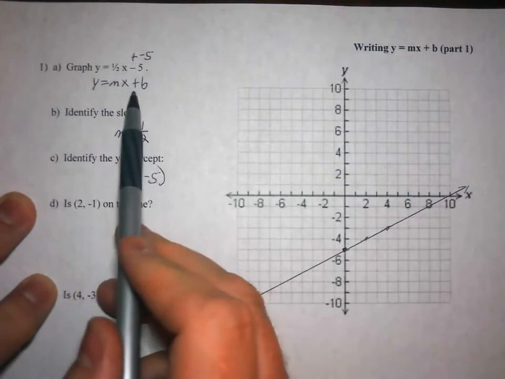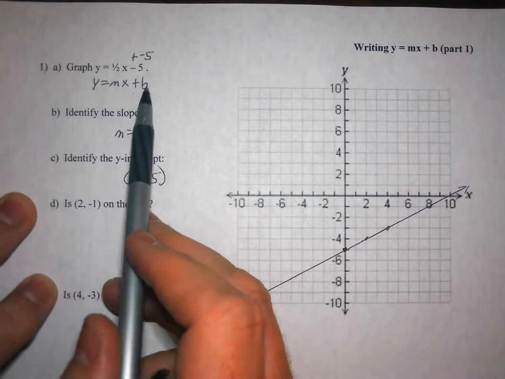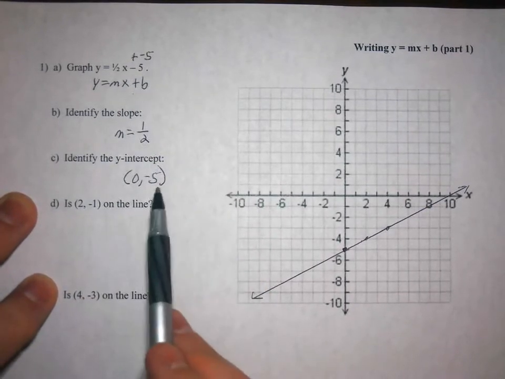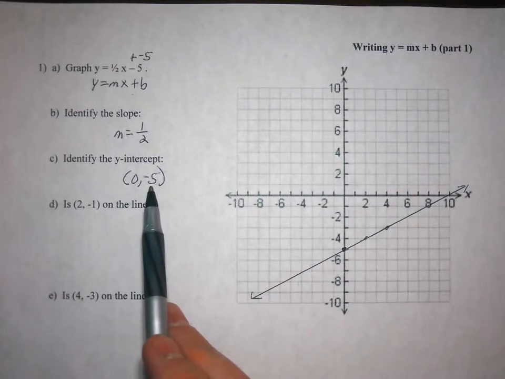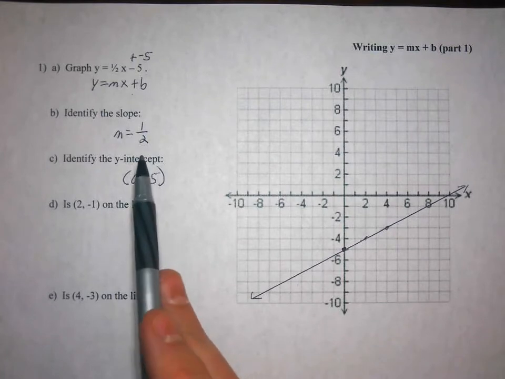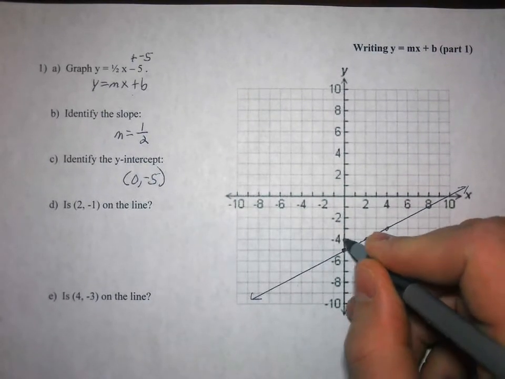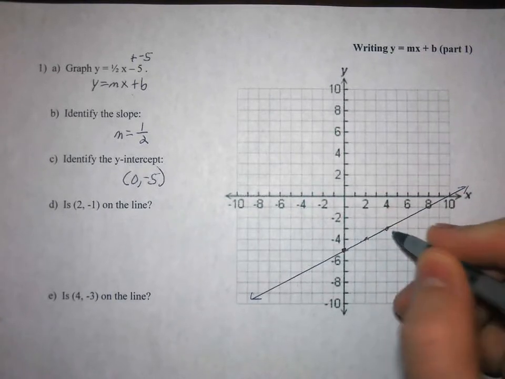So if you're confused with the signs, you could look at the plus b as plus -5. So the b value is -5, and our y-intercept is at 0, -5. Now once you know that point lies on the line and the slope is 1/2, you can start right at 0, -5 and count up 1 to the right 2, rather than make a table.